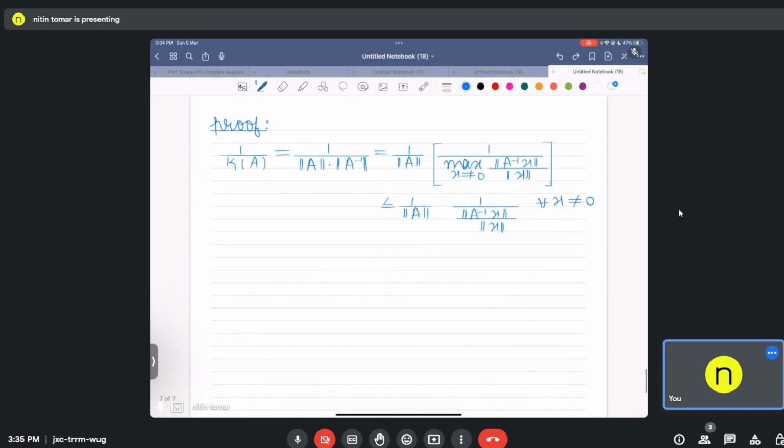Since this holds for every x non-zero, you can take x to be Az for some z.